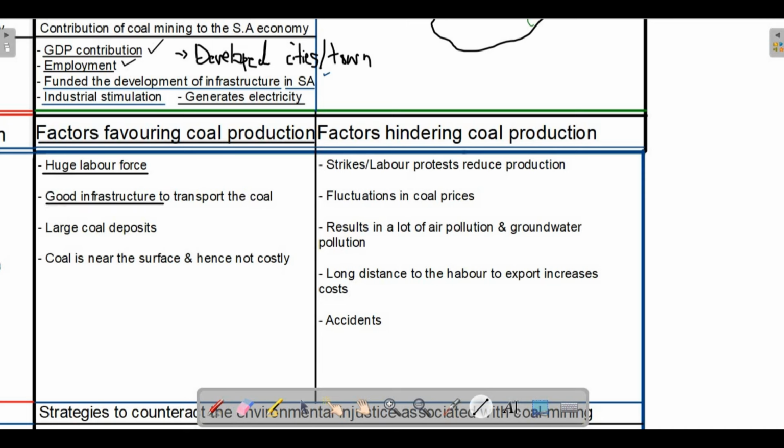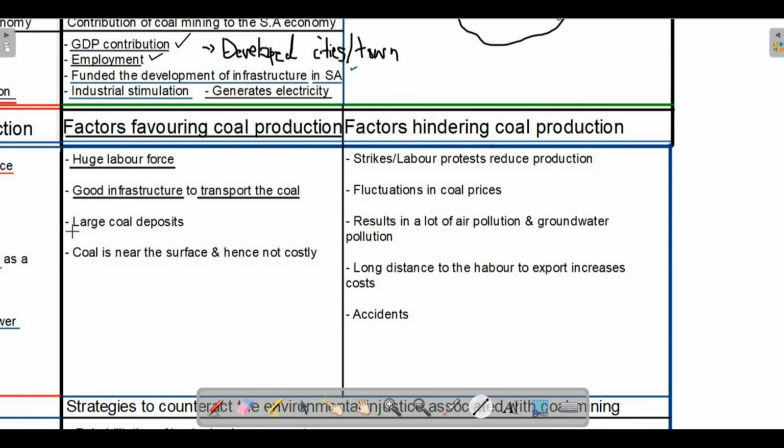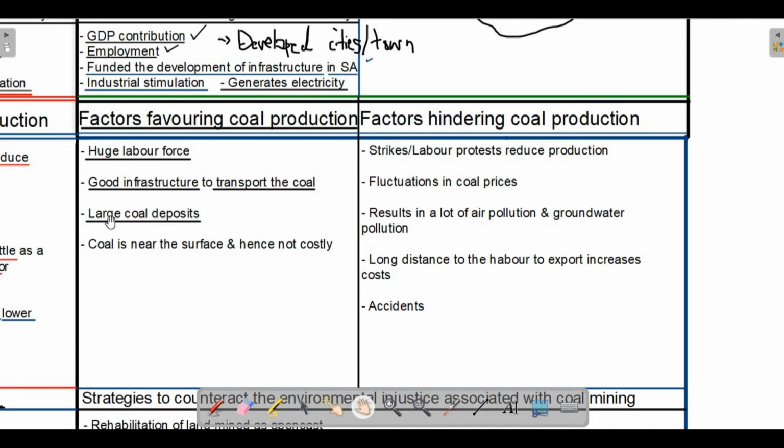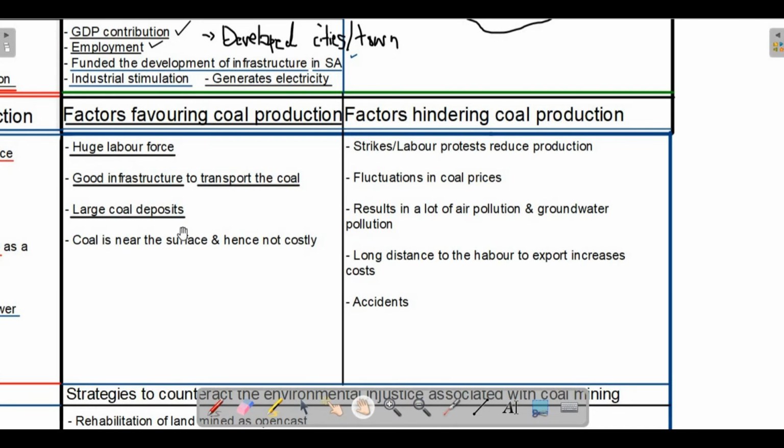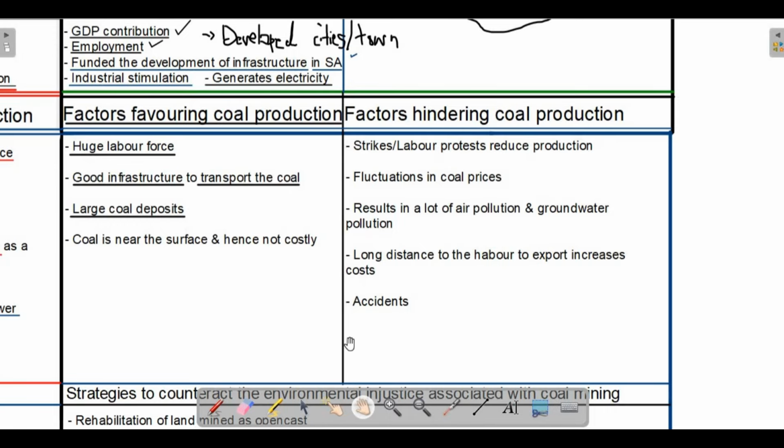And second of all is the good infrastructure, okay, to transport the coal. So we are referring to the roads, the electricity as well, the power lines, railway lines, and there are large coal deposits. So this means that it is a good long-term investment. We still have loads and loads of it. Even though coal, guys, is not environmentally friendly, the point is that there are large coal deposits.